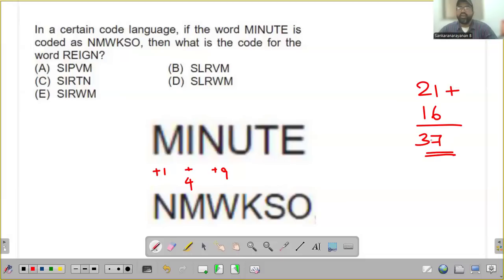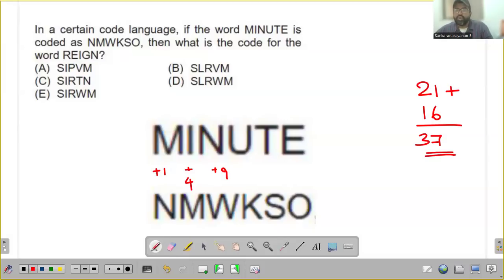Sorry, 21 plus 16, you can see it is 37 I am getting. 37 is nothing but 26 plus 11. So the 11th letter is what I should see here. I can see that here J, K, it is that letter.